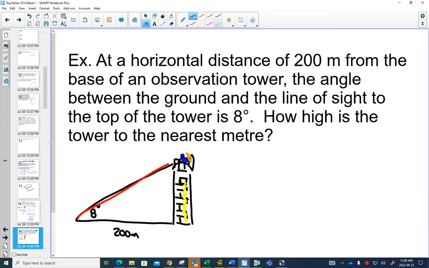The angle between the ground and that line of sight is 8 degrees. And with just this little bit of information, we can tell how tall the tower is.